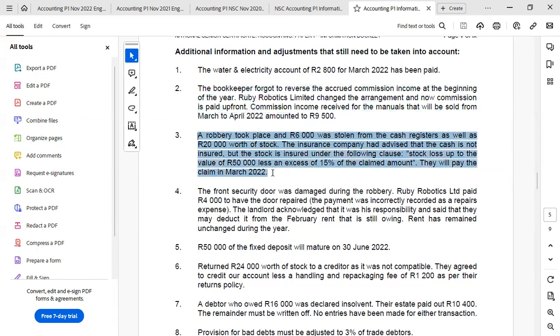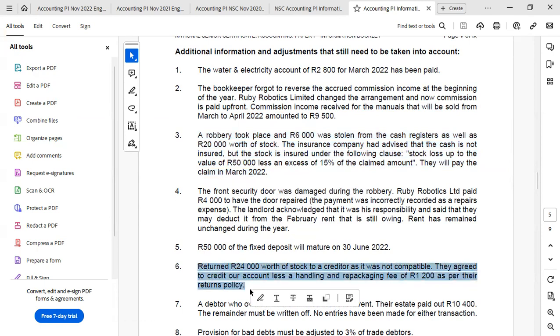This is relating to what we just did when I spoke about the exes. So the 15% of what we lost will be a loss. So you see, guys, it's there in the exam. Obviously, this affects trading stock and creditors control.